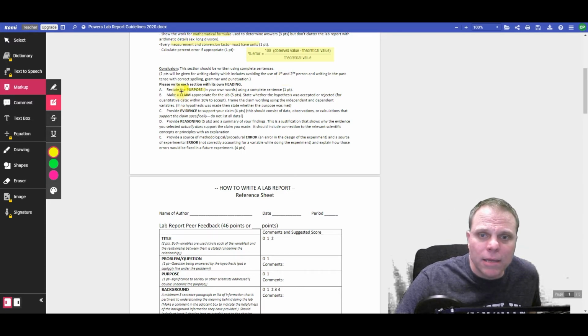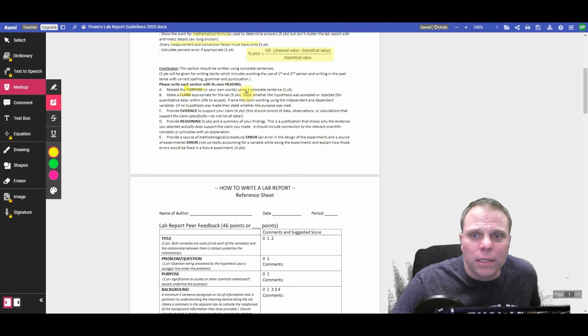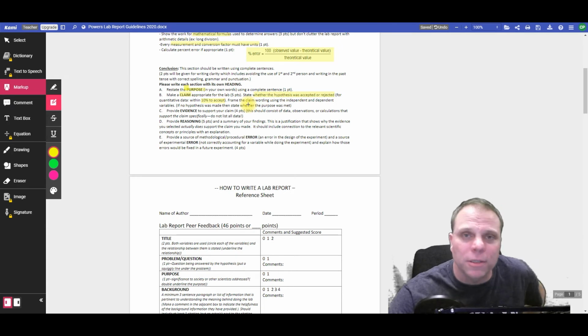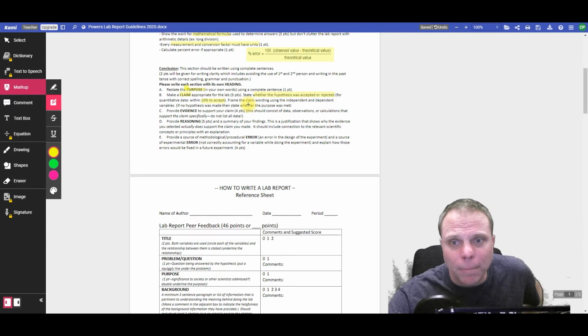All right, so the claim is the C of PCER, and what we're looking for is whether or not your hypothesis was accepted or rejected within a 10% value if you have quantitative data. So if you got within 10%, we're going to say, hey, we accept our hypothesis, we were correct. Except you won't use we, right?